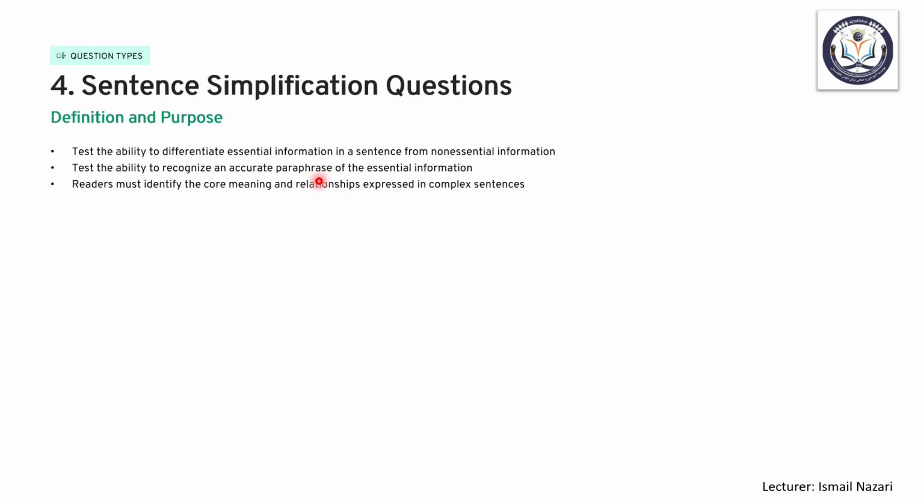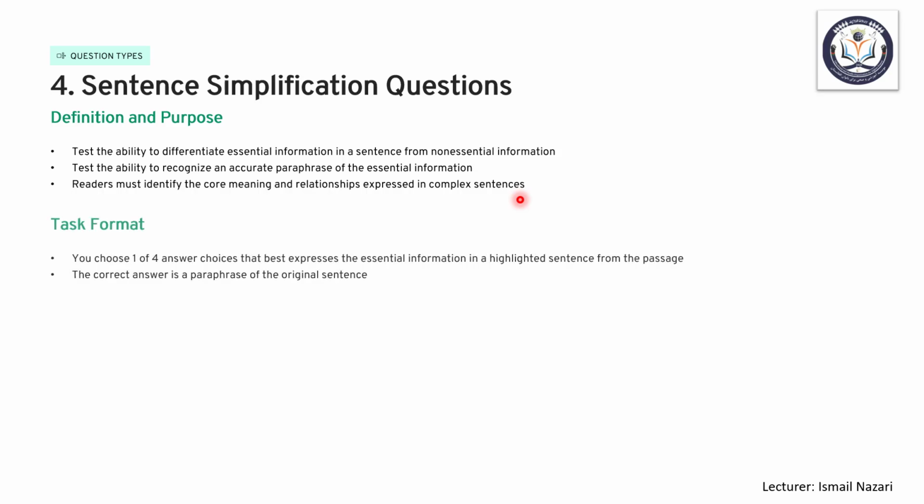So it is checking our knowledge of paraphrasing, our skill at understanding the right paraphrase of the highlighted sentence. Readers must identify the core meaning and relationships expressed in the complex sentences. That's an important strategy in paraphrasing. So this is the purpose of the sentence simplification question.